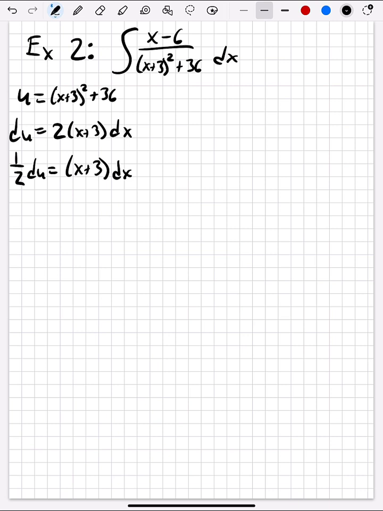So I need to make sure that I have an x plus 3 that I can replace in this numerator. So I'm going to rewrite this integral to say this is (x plus 3) over the denominator.